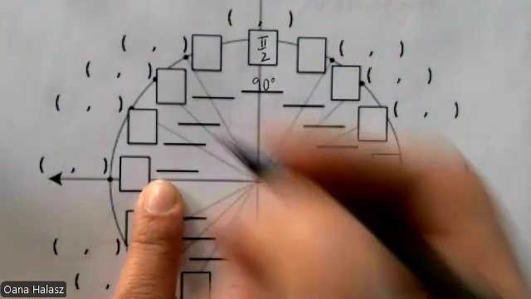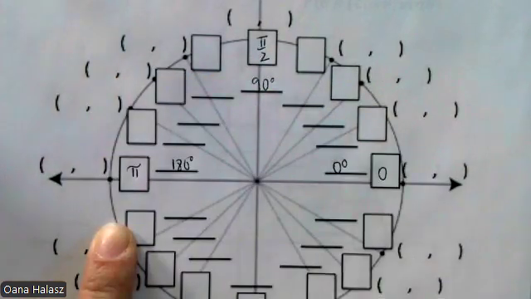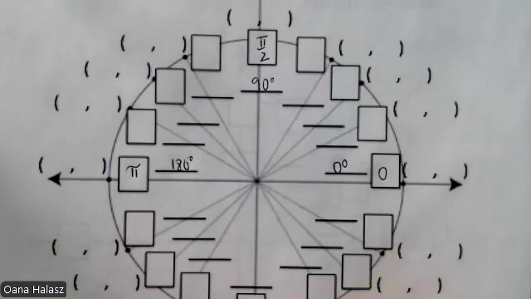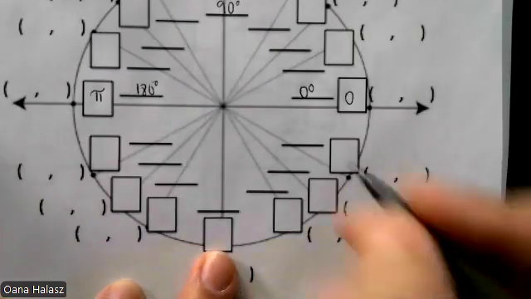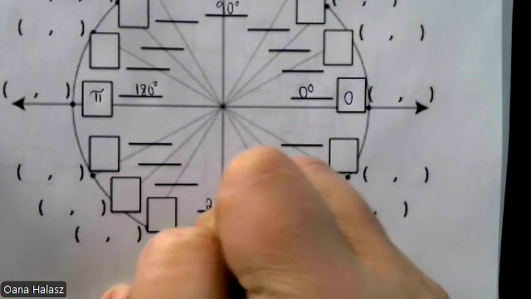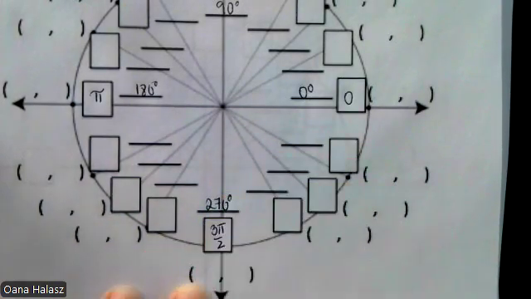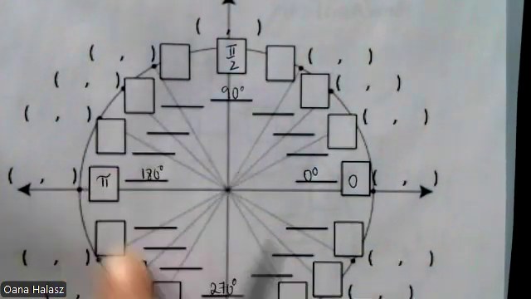Then we're going to go to 180 or pi, and then 270, 3 pi over 2. 1 pi over 2, 2 pi over 2, which is pi, 3 pi over 2.